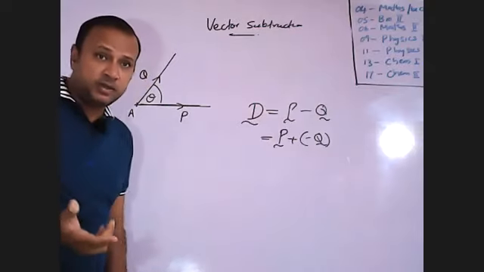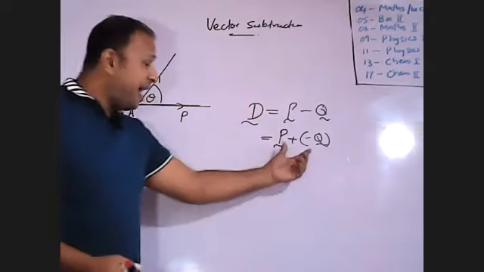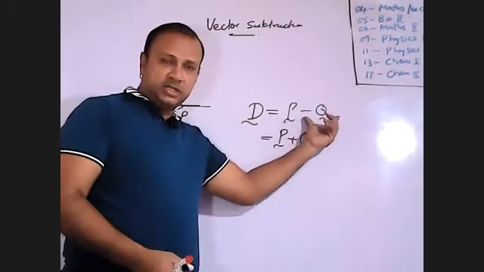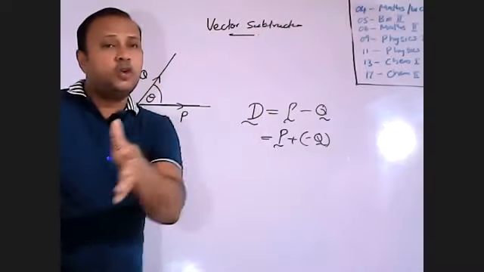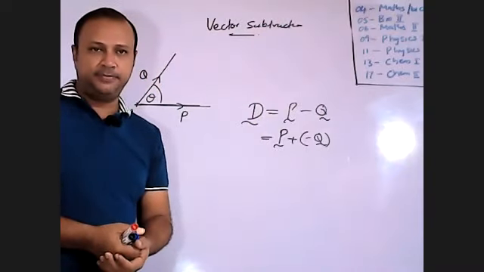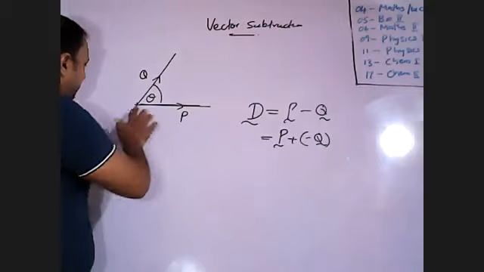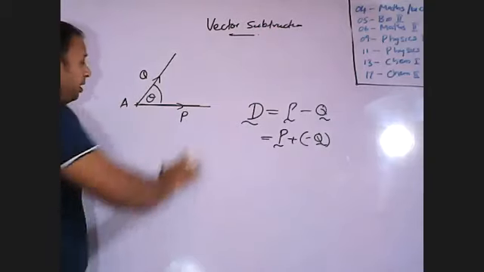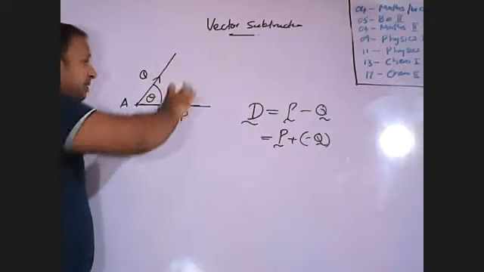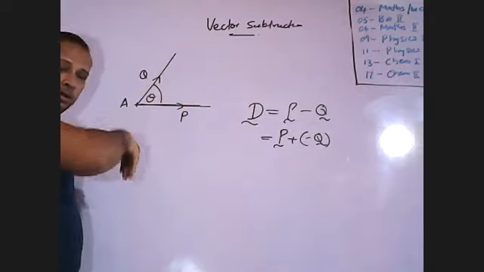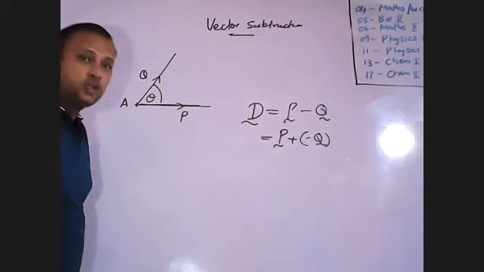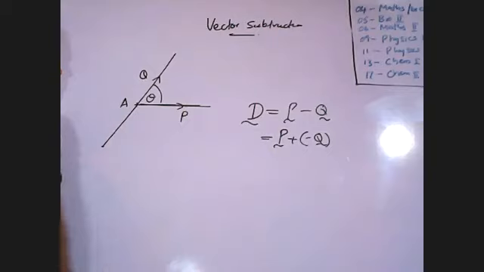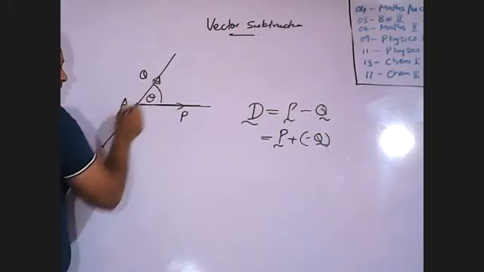How to construct minus Q vector? You have to draw a line segment which is equal to Q vector and opposite to the Q vector. That means from here, this is A, you have to draw a line segment into this opposite direction, which is equal in length.